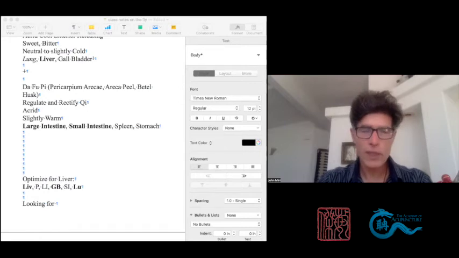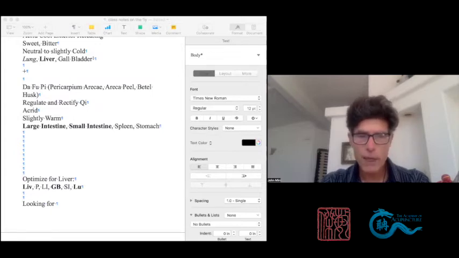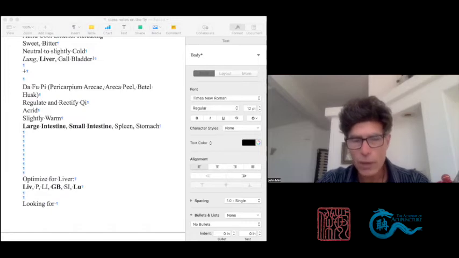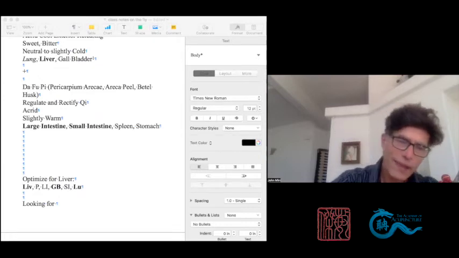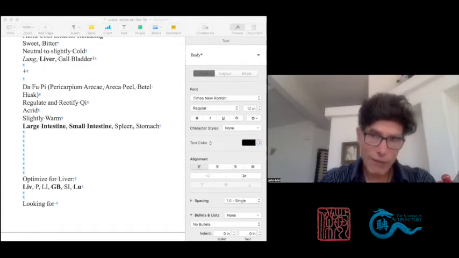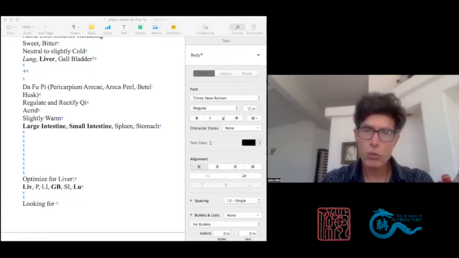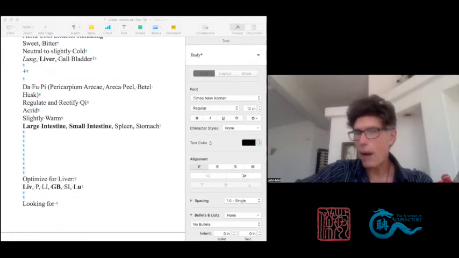Sometimes we just have to switch yin and yang around, or use different channels than we might think of off the top of our head, but we got to match the patient. So again, it doesn't need to be perfect according to the line on the chart, just perfect according to the patient's condition, which means you need to match the condition. Understanding that the lines on the chart make very strong medicine, but it doesn't have to be strictly that way. Those are ways that you can optimize the power of a formula.